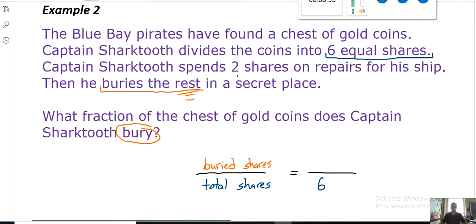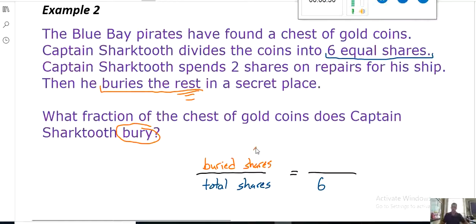And then it says he spends 2 shares on repairs for his ship. So he started with 6 equal shares, spent 2 of them on repairs for the ship, so the rest of them are the shares he buried.